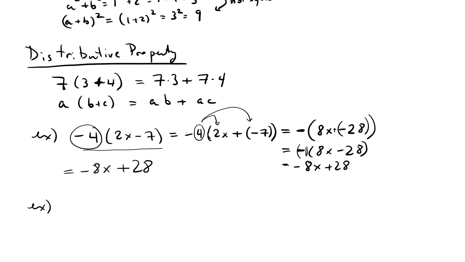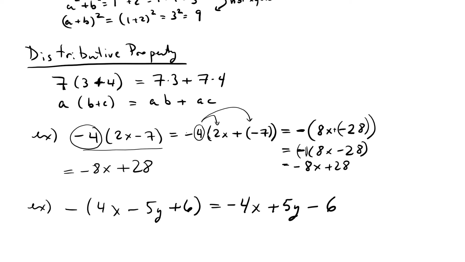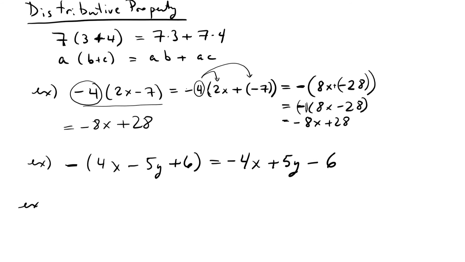So if I have maybe something like this, minus 4x minus 5y plus 6, I can just distribute the minus sign. It gives me minus 4x minus 5y, that's plus 5y, minus 6, that's minus 6, like that. So if you have a negative sign in front of a bracket, it just changes the sign of every term inside the bracket. And finally, maybe something slightly more complex.